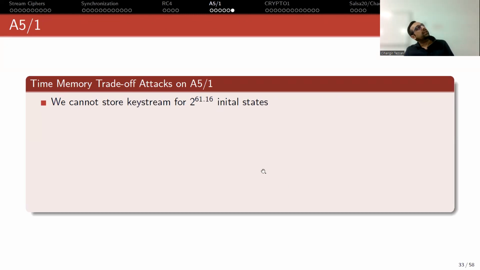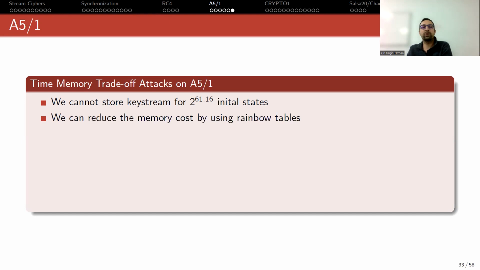So assume that I want to perform a brute force for a plain text or for any initial state. I can perform the brute force and store the key stream in the memory. But this means that I have to store at least this many key streams. And this is actually a huge amount of thousands of petabytes, which we don't have, okay?